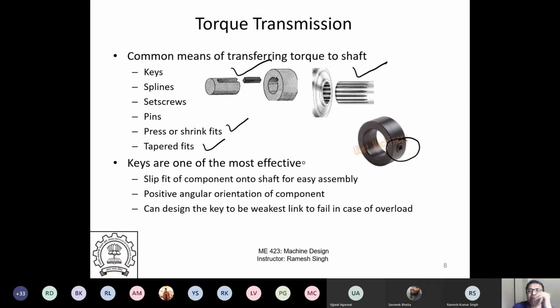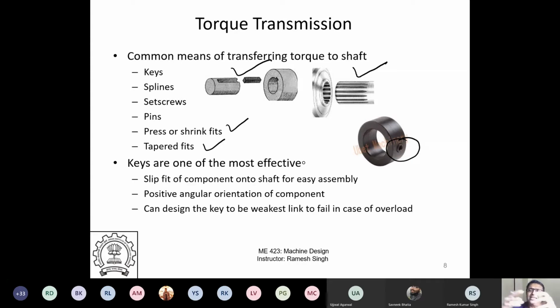How many people know what is a shrink fit? Anybody can tell me what is a shrink fit? And what is the advantage of a shrink fit? Press fit is not shrink fit.